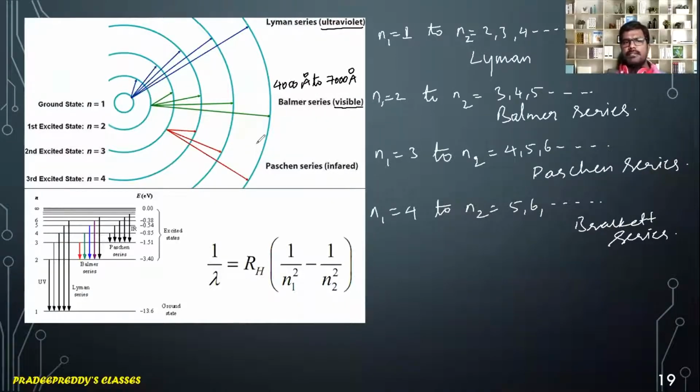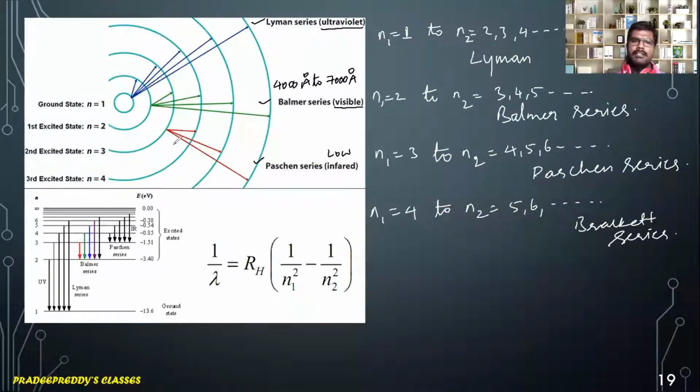So Balmer series is visible to us, but the other spectral series are not visible because they are in the ultraviolet range. Ultraviolet light is not visible to our eye. So Lyman series is in the ultraviolet range, Balmer series is in the visible range, and you are able to see them. Paschen series is in the low infrared. Next, Brackett series is in the mid infrared region, and Pfund series is in the far infrared region.